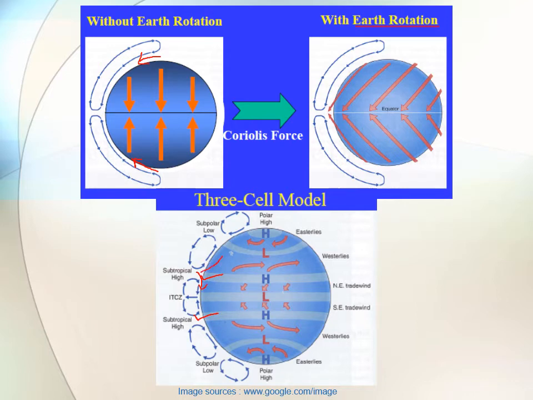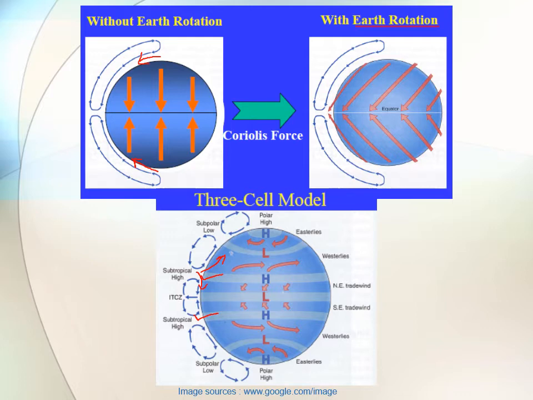Now, this equatorial region surface wind forms a smaller shell from the subtropical high to the equatorial low pressure zone, and this smaller shell confined from the equator to the subtropical high is known as the Hadley cell.